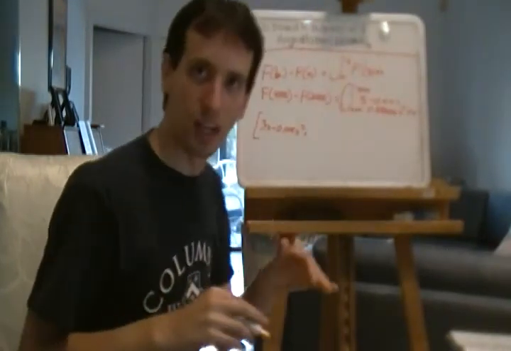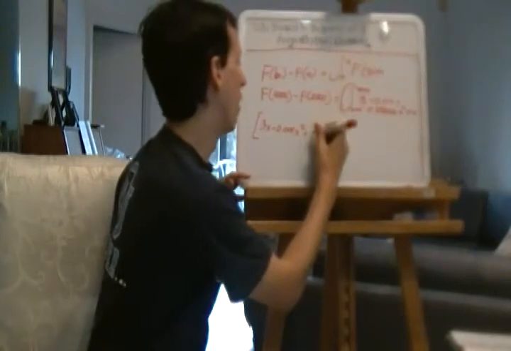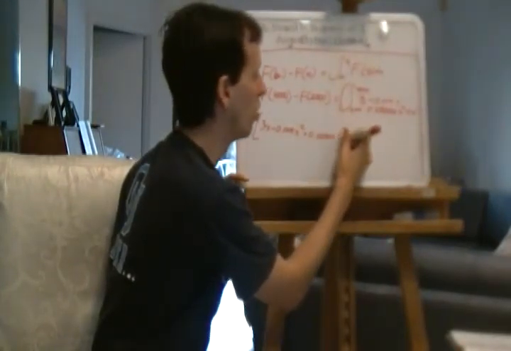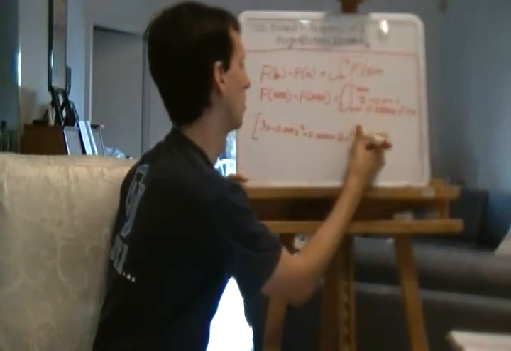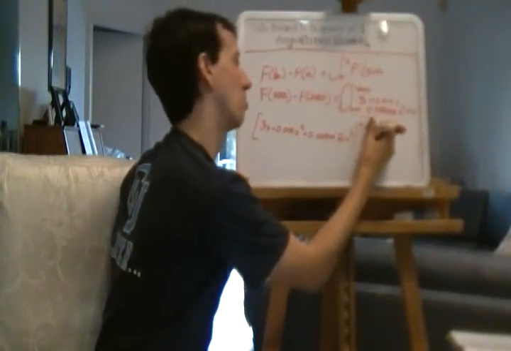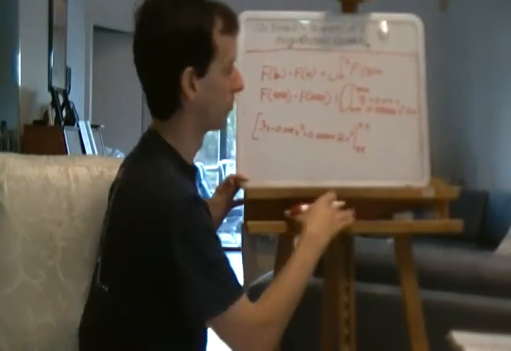The 6 and the 3 cancel out, and we get 0.000002 x cubed. And we're going to evaluate that at 4,000 and 2,000.